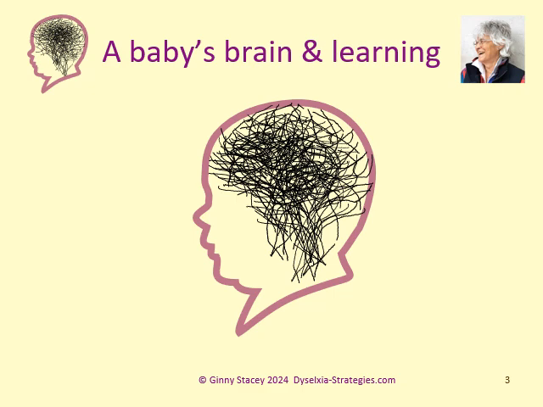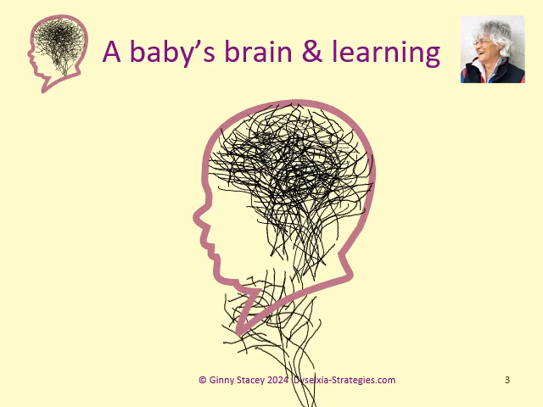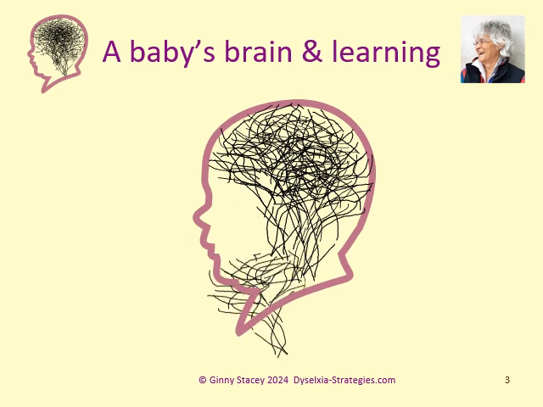So looking at a baby's brain. When the baby is born, there are innumerable neurons and connections. The baby hasn't learnt how to relate to the world around it. But as it does learn, some of the connections are used over and over, and others are not used.